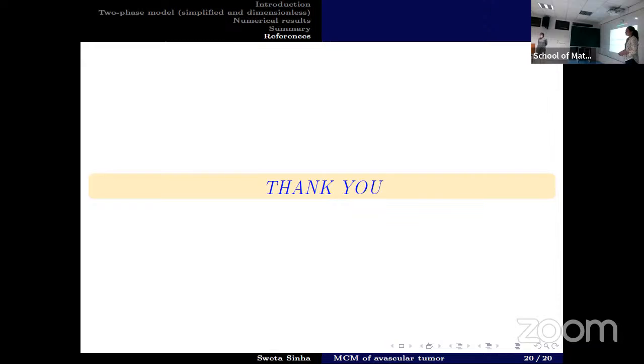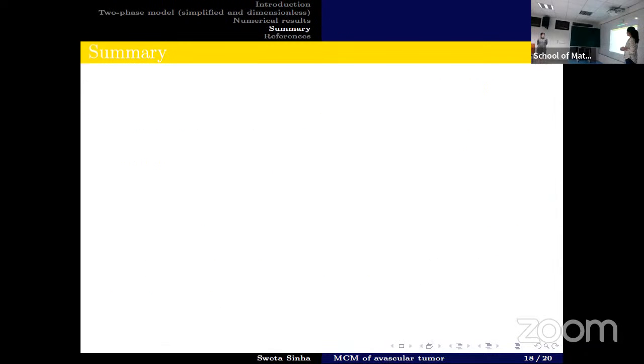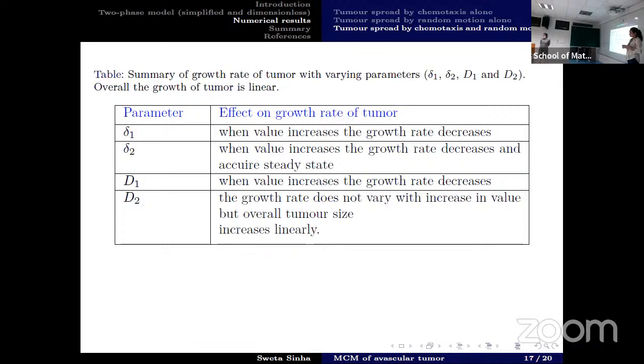Maybe you can ask. Why did you take the finite volume for the cell volume fraction and then the finite element for the velocity in the first place? Actually, we used the finite volume method for the volume fraction because the volume fraction equation changes between hyperbolic and parabolic.